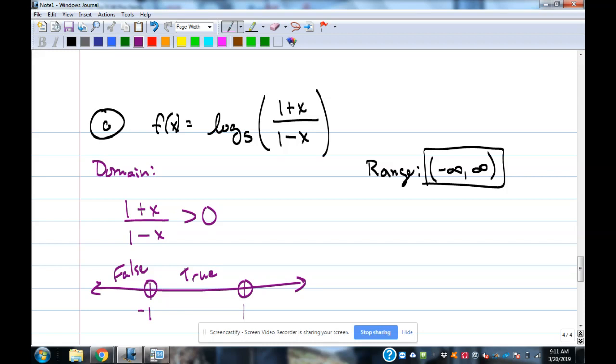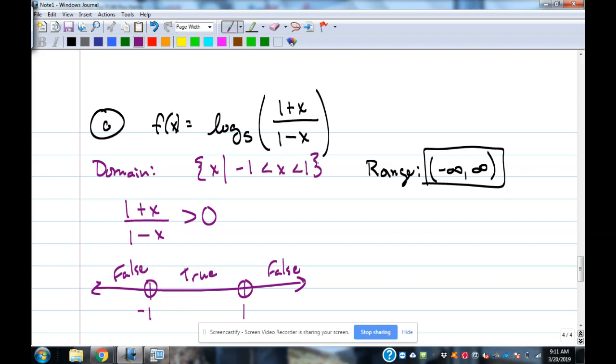So plug in a number that's bigger than 1. 2 is good. 1 plus 2 is 3. 1 minus 2 is -1. 3 divided by -1 is -3, which is not greater than 0. So that is a false area there. So the only spots for the domain to work are all x's that are between -1 and +1.